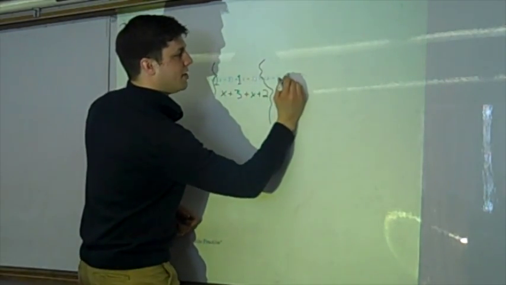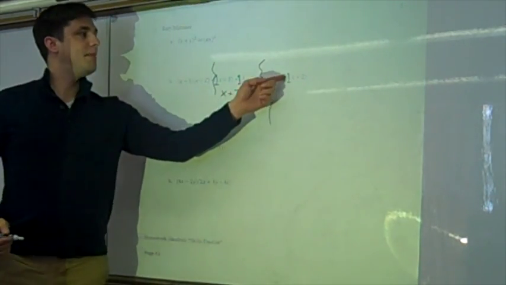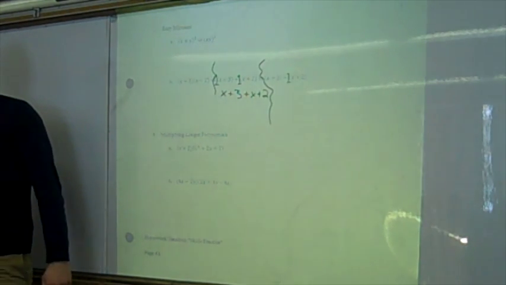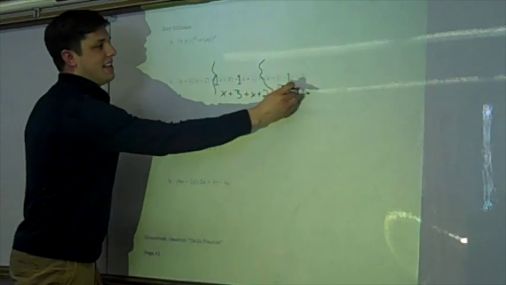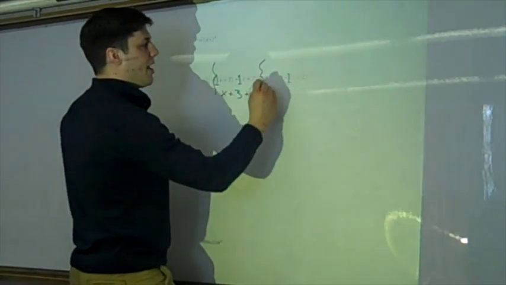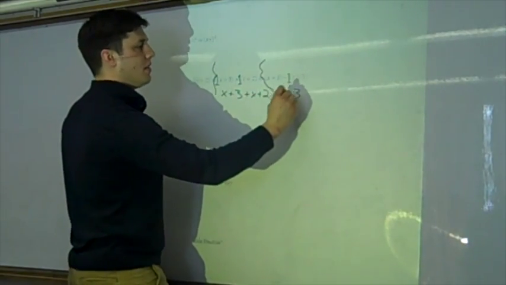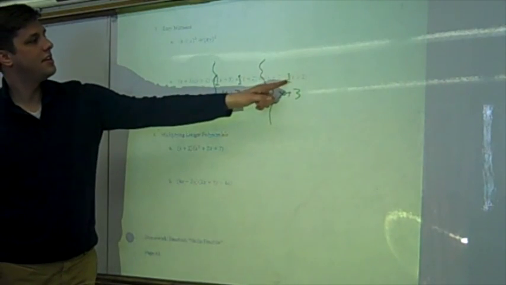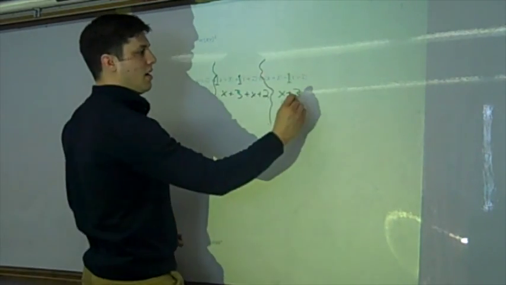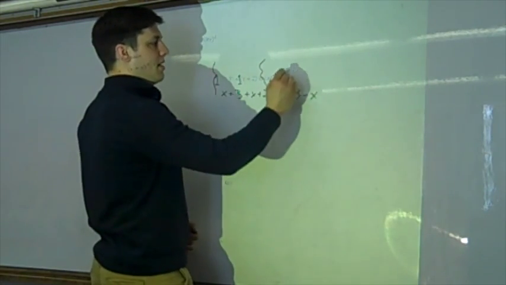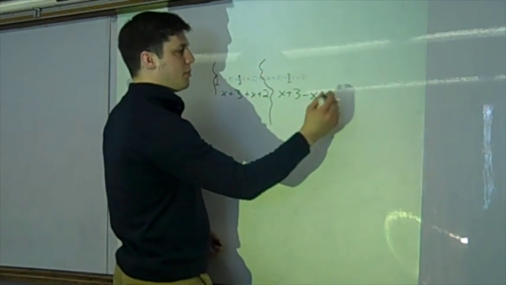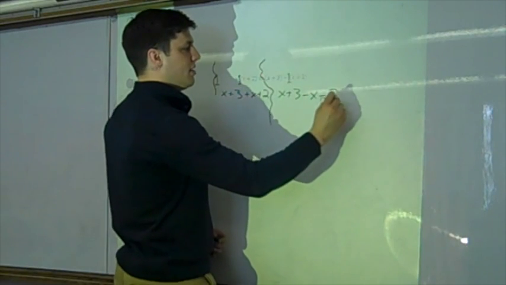In front of this one there's an invisible 1, but with the minus in front, it's a negative 1. So you distribute that negative 1 to everything on the inside. Here you have x plus 3, and then minus 1 times x is minus x, and negative 1 times positive 2 is negative 2.